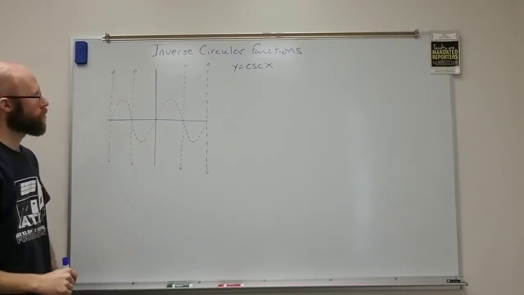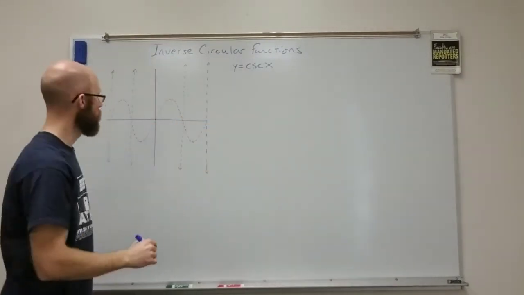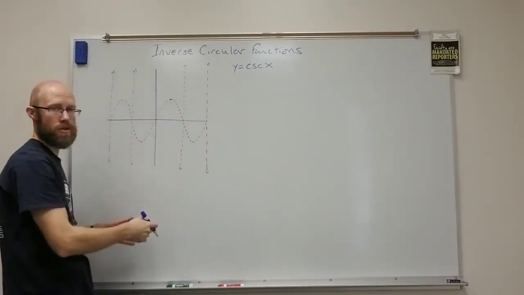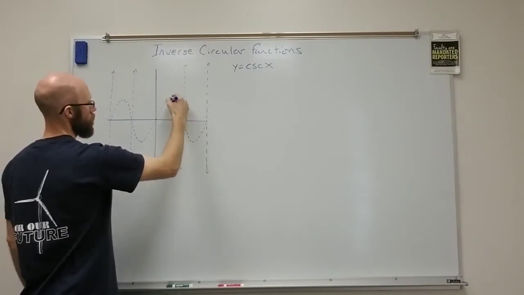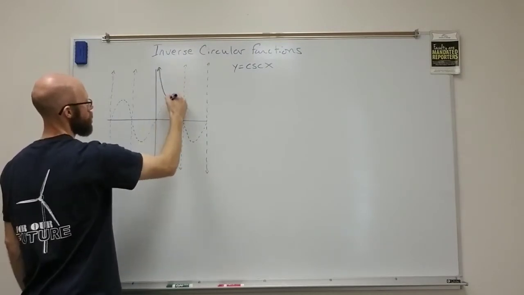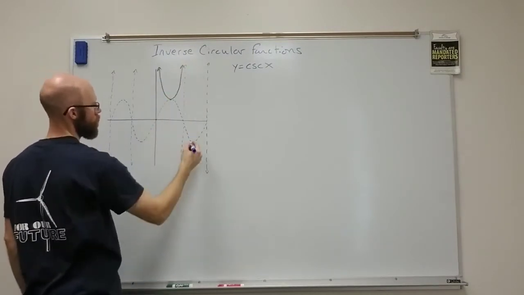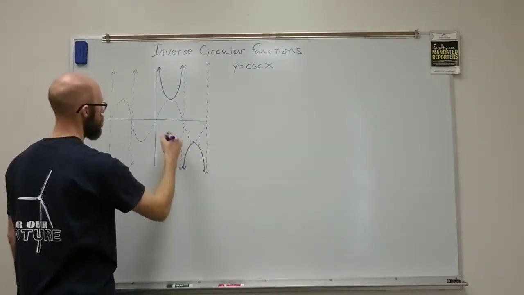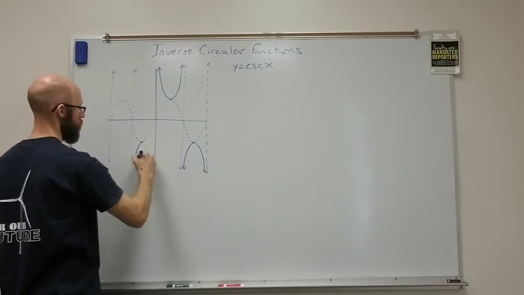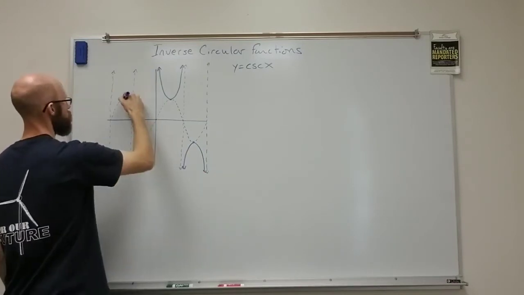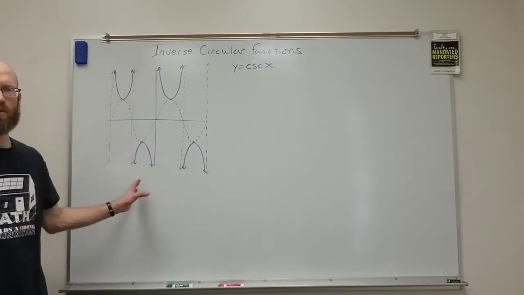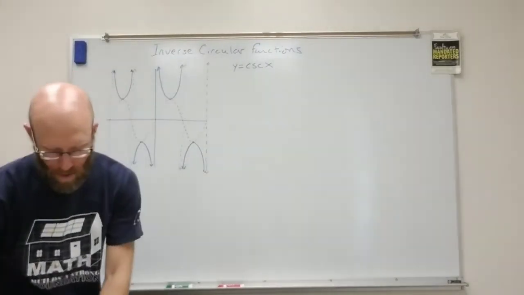All right, and then the graph of the cosecant is going to be, in each of these vertical strips, the reciprocal of the sine. So it's sort of a U shape going up, going down, here going down, and over here going up. Okay, so this is roughly the cosecant graph.